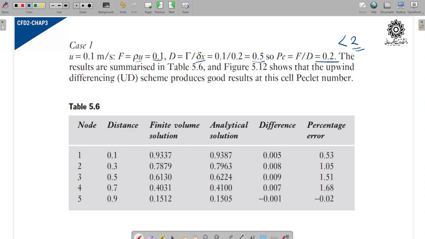In this case, the coefficients for nodes 1 to 5, the finite volume solution, the analytical solution, the difference, and the percentage error are shown. All errors are less than 2%.